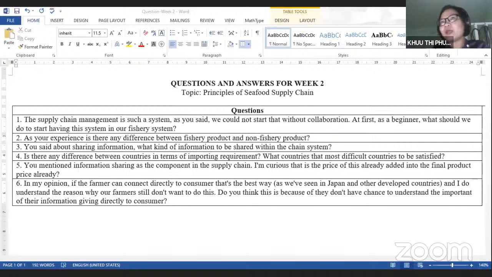In the next topic I will share how we calculate the benefit and the cost, and how small scale fishermen or farmers become willing to accept or implement traceability, or integrate into the supply chain with the others. So first, let's think about the benefits of each agent in the supply chain.